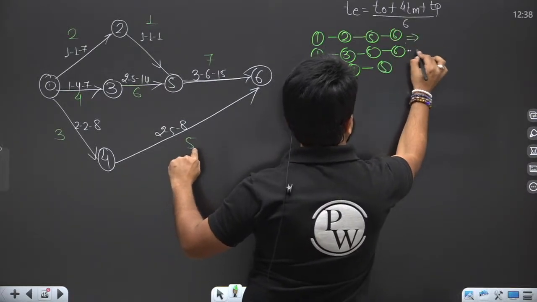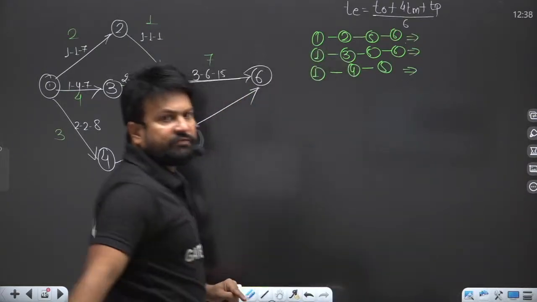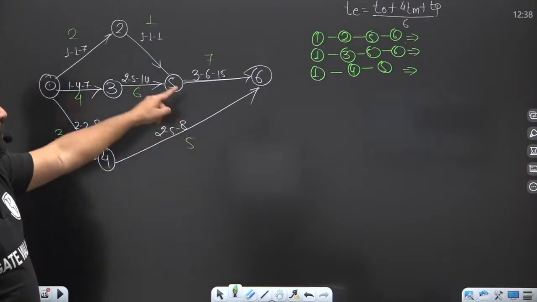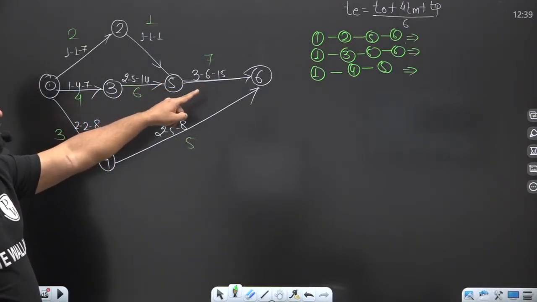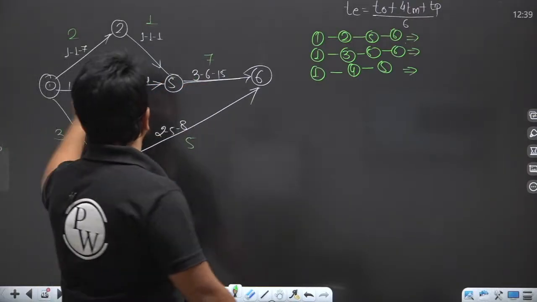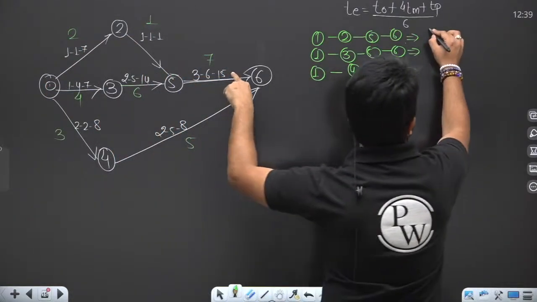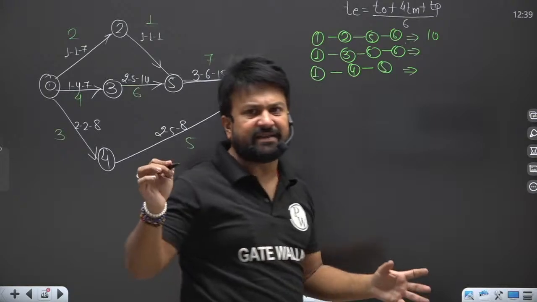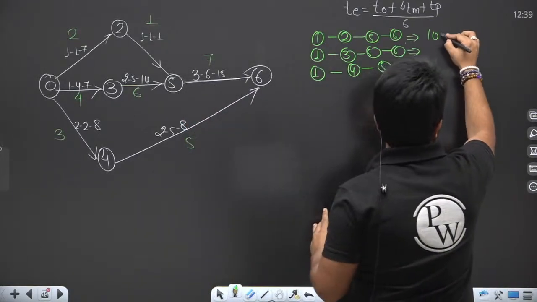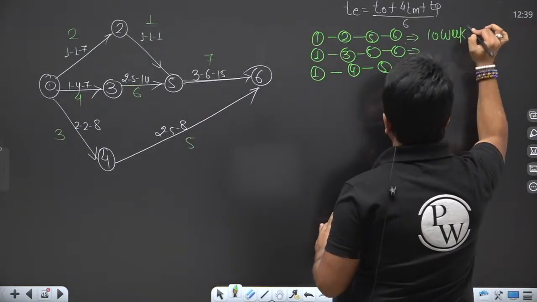So what will be the duration? For 1, 2, 5, 6, 3 plus 2 plus 1, the duration will be 10 days or 10 weeks, whatever it is. I think the time will be in weeks, so it will be 10 weeks.